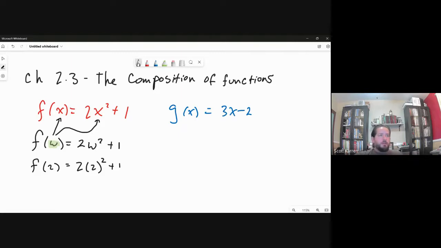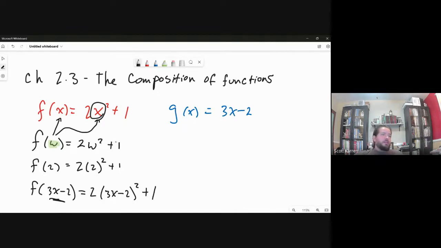So I might say, what happens if I take f at not just another variable, not just a number, but at some expression, let's say 3x minus 2, right? Well, that is replacing the x term in the original function with 3x minus 2. So it's now 2 times 3x minus 2 squared plus 1.